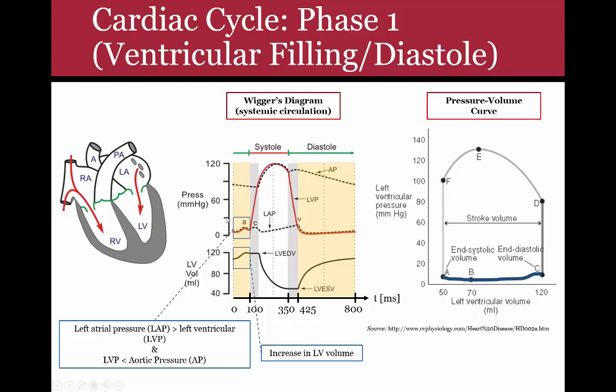On the bottom here you have a plot of the volume of the ventricles in time, and the x-axis is time. This is occurring within 800 milliseconds for your cardiac cycle. One more thing. On the right you have the pressure volume curves for the ventricles.